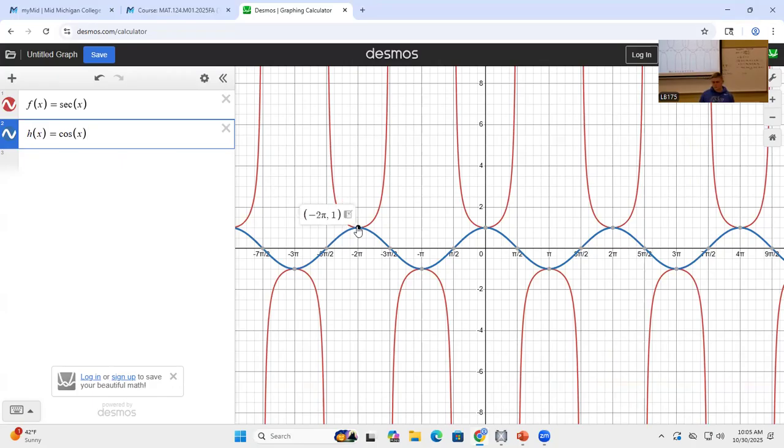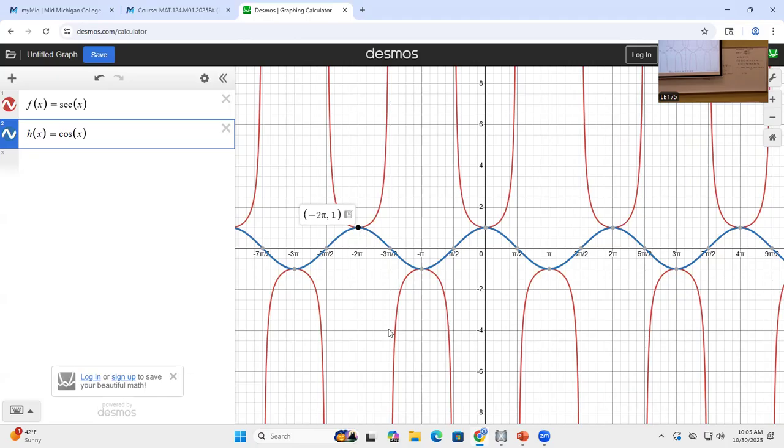And the lowest points of the U-shaped curves that are pointing up are going to happen at the peak of the cosine.